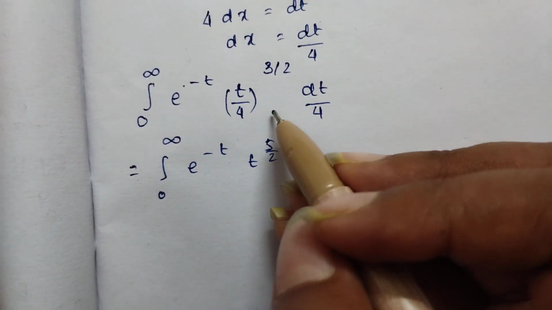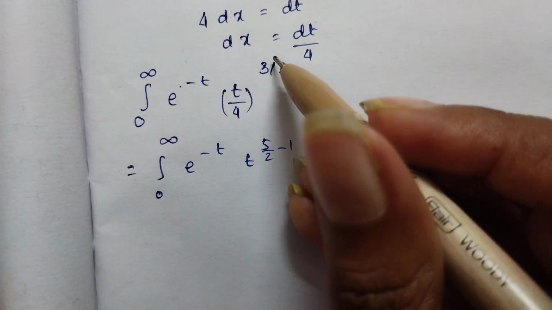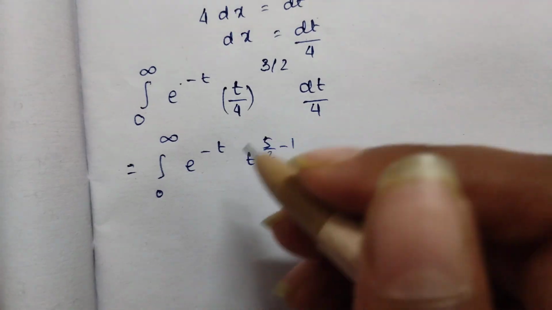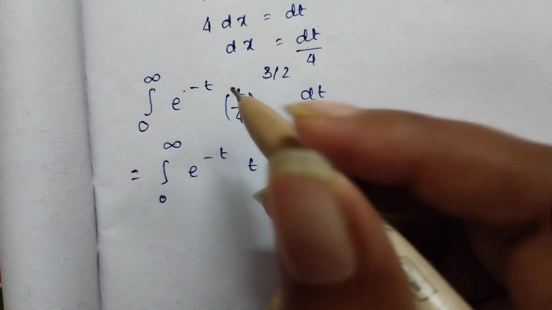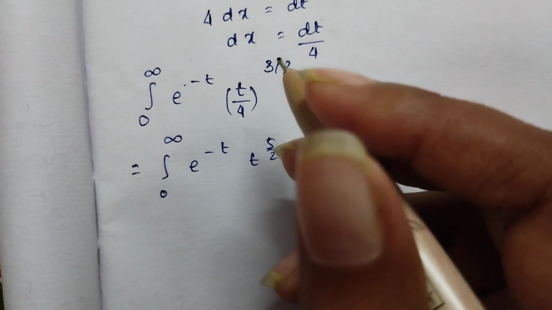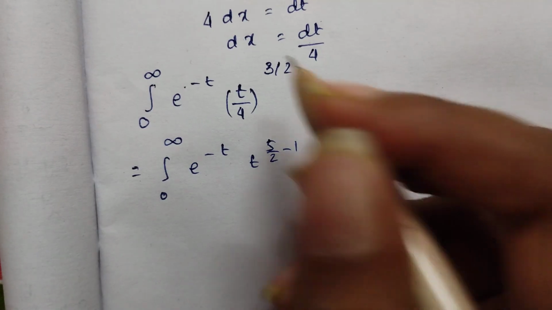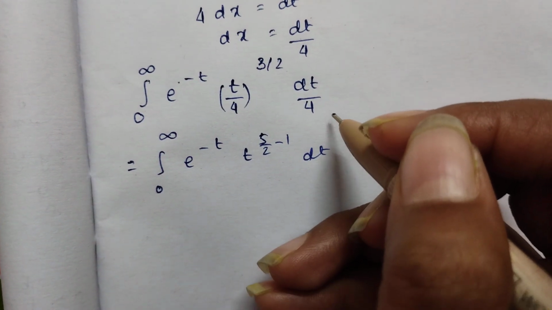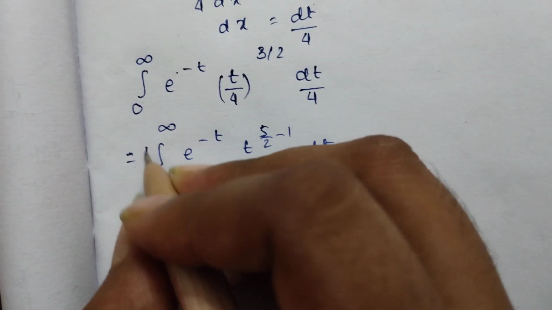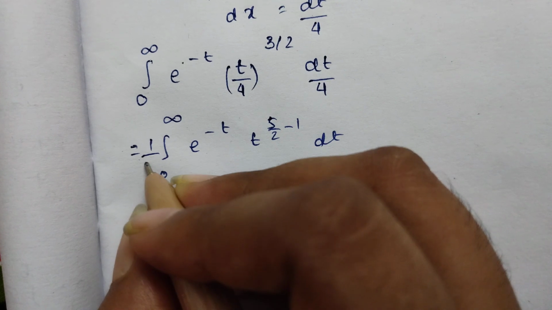So we are getting what? 4 to the power 3 by 2 is 8, and multiplied by 4, we get 32, so we get 1 by 32.